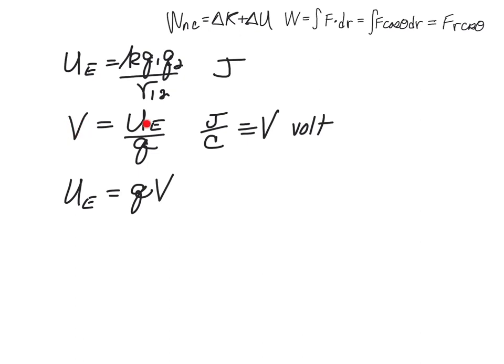It's an energy field, and any point in space has an electric potential of whatever the potential energy is divided by the unit charge. That's measured in joules per coulomb, which is given the name of volt, or capital V. And so if we know what the potential is, we can calculate the energy simply by multiplying the potential times the charge.